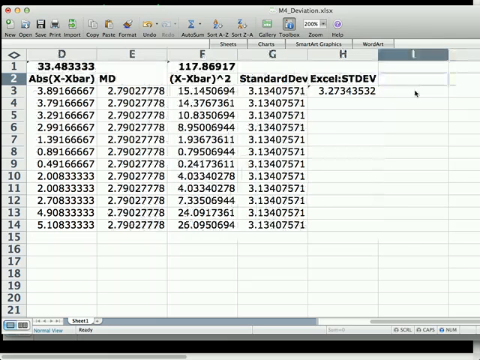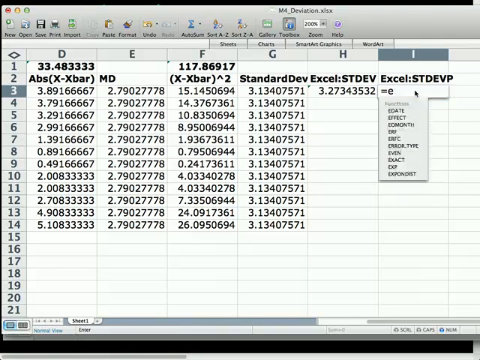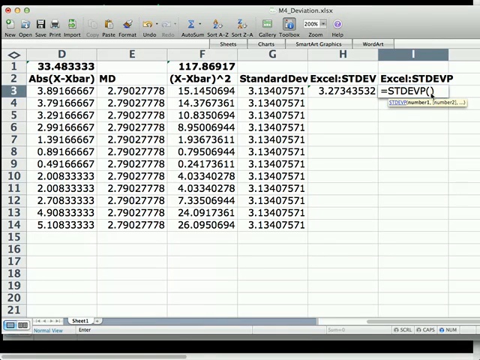Excel, fortunately, does also have a formula for when I do know the population, which is in most of our cases, which has a little p at the end of it. So if I do equals STDEVP, notice I get this formula here, and it says, give me the numbers. So I'm going to plug in A3 to A103, write my list of numbers, and you can see, bam, that one agrees with the one that we calculated in our text.